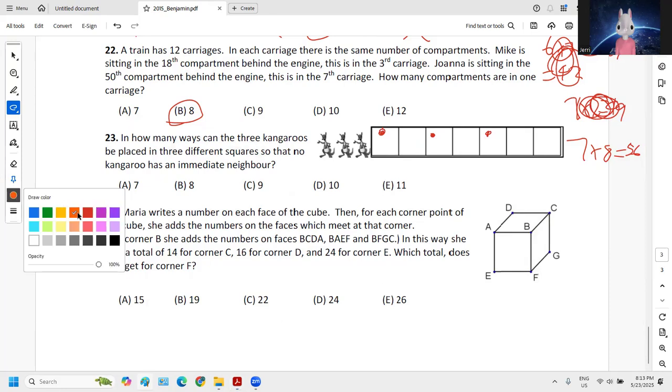And now we can use orange for here, here, and here.